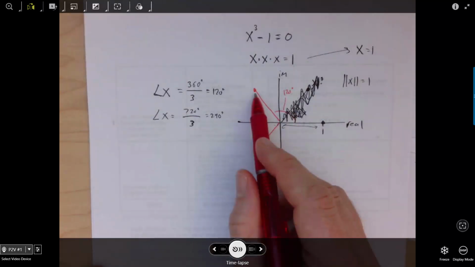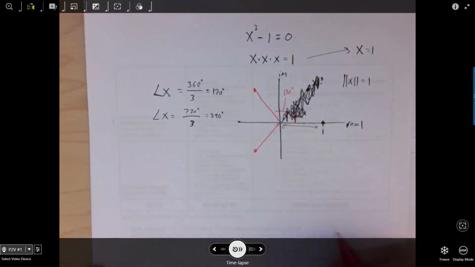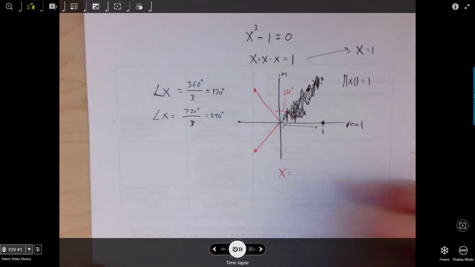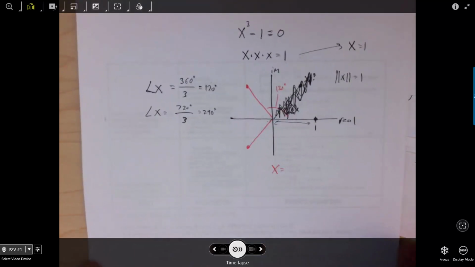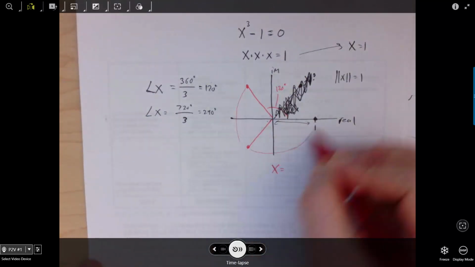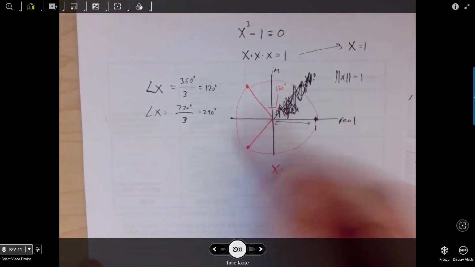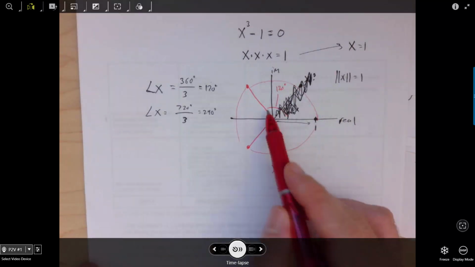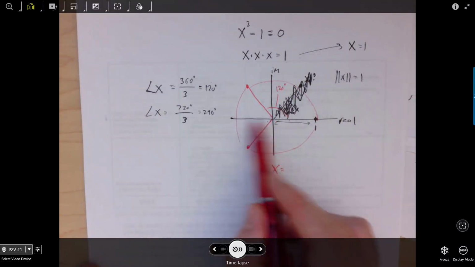Okay, well, what if we want to rewrite these in rectangular form? So you can use SOHCAHTOA, or you could realize that it's really the same thing. This is on a unit circle because the distance is 1. So the cosine of 120 degrees should give us that x value.